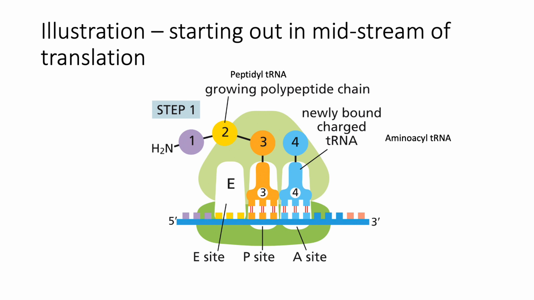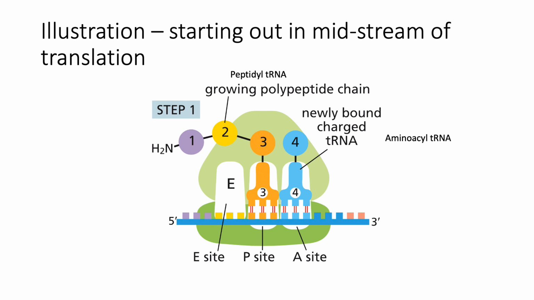That orange transfer RNA is base pairing to codon number 3. Codon number 1 looks like it was purple, codon number 2 was yellow, codon number 3 was orange, codon number 4 is blue. Okay, so there's a process that's already taken place. We haven't seen that yet.